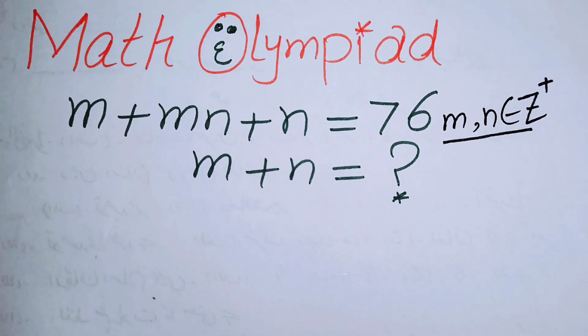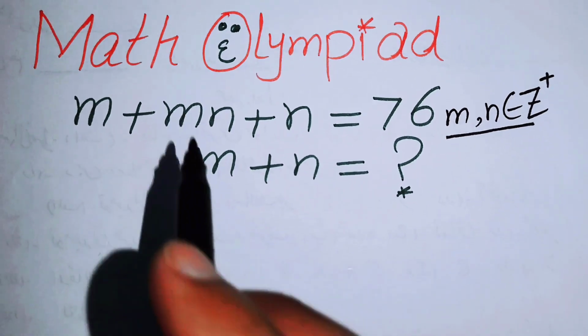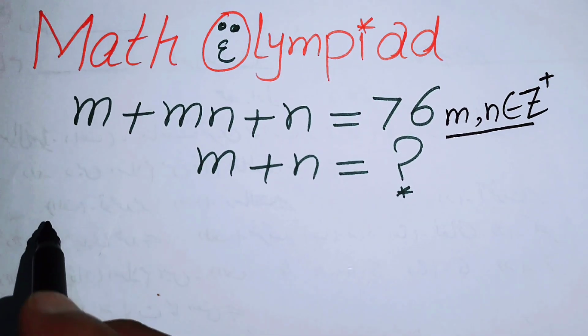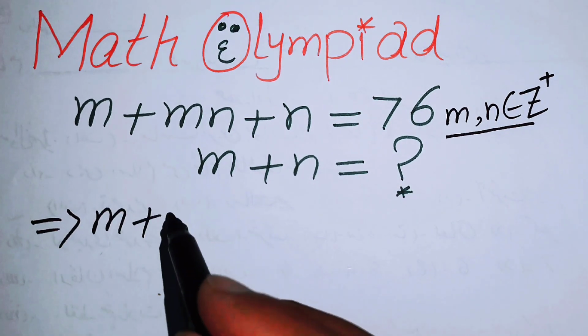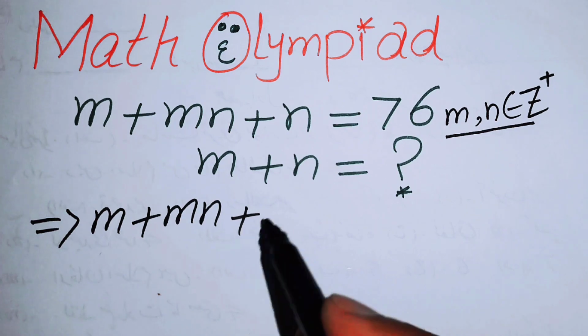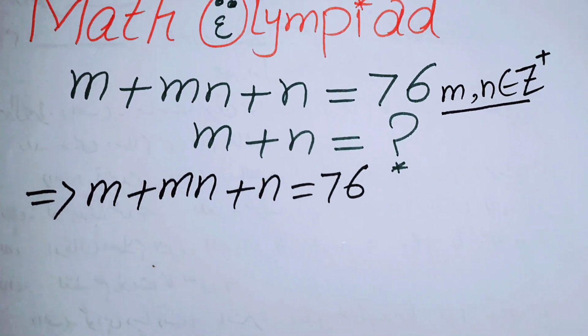So the very first thing we are going to do is rewrite this given equation. Our given equation is m plus m times n plus n is equal to 76.